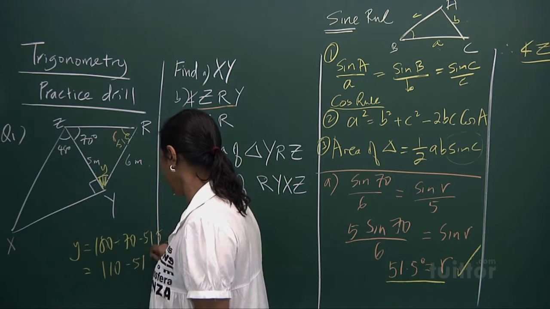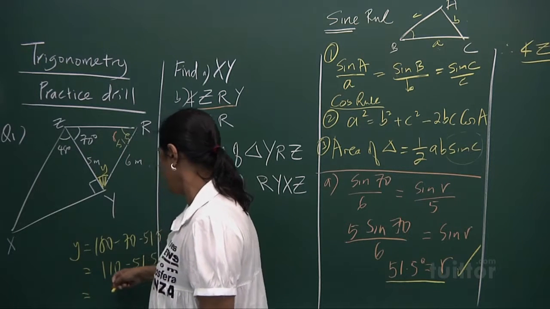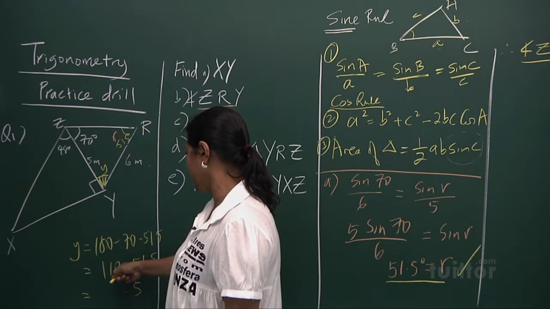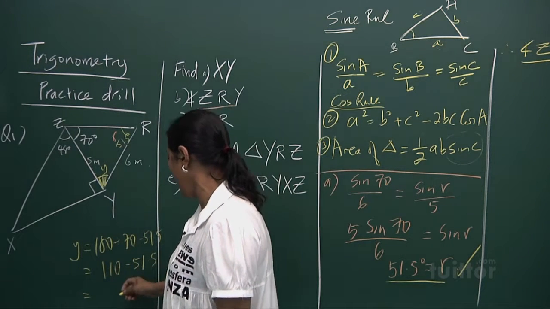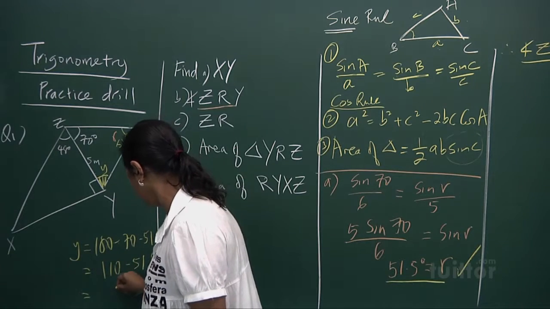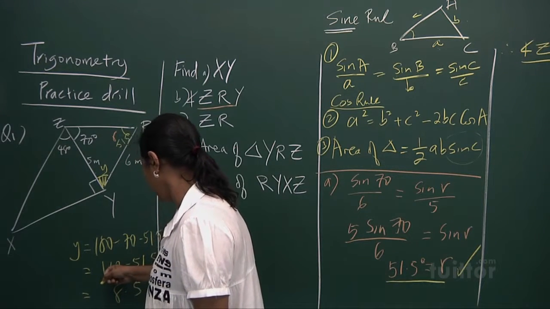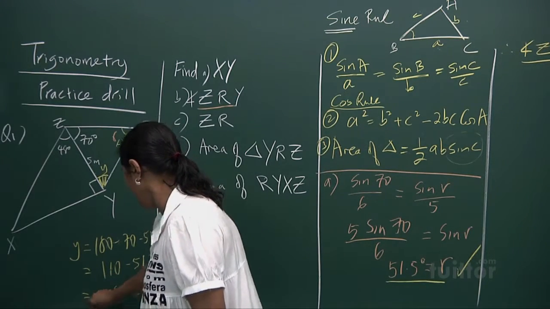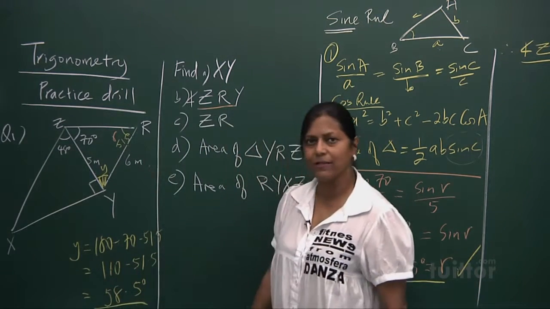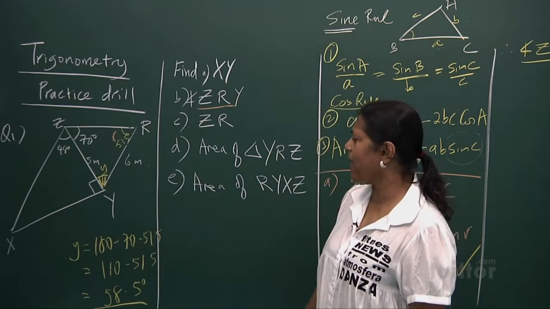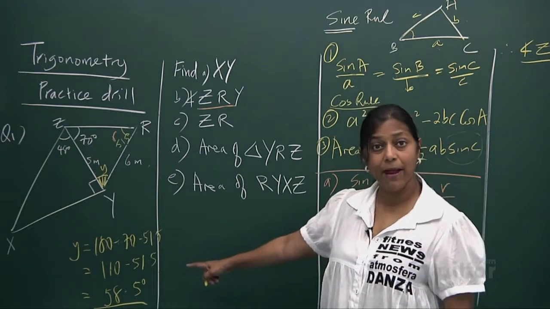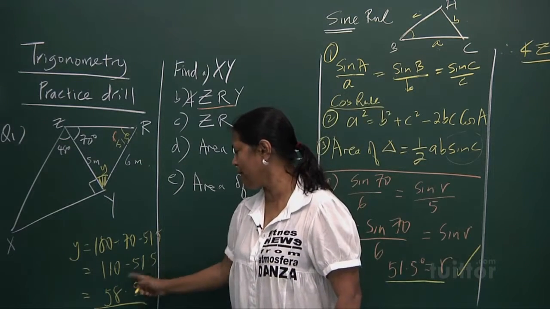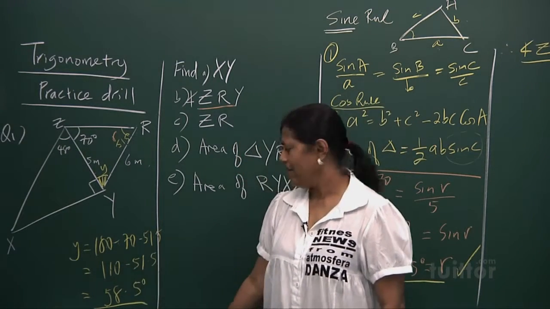When you minus 51.5, you get 58.5 degrees. So far, am I correct, everybody?